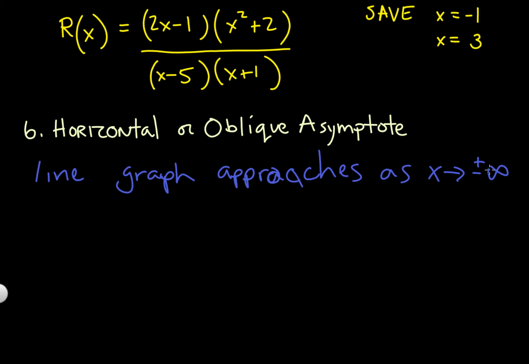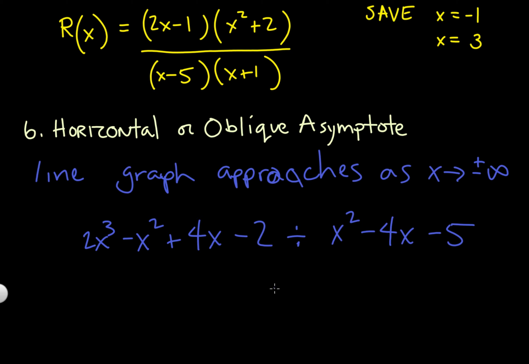So when we divide, we are going to multiply these out. What we get is 2x cubed minus x squared plus 4x minus 2, divided by x squared minus 4x minus 5.